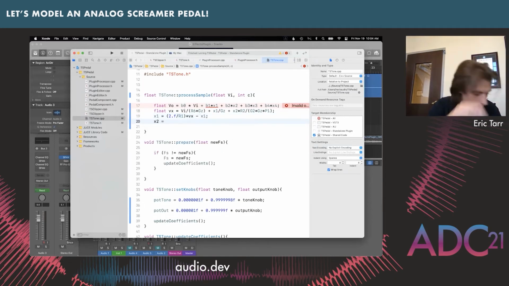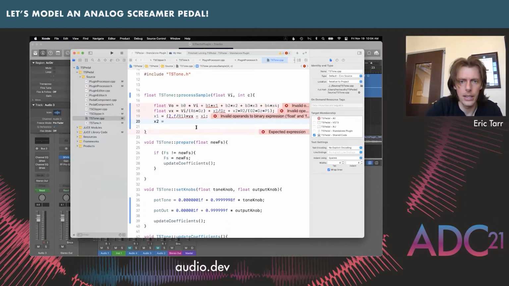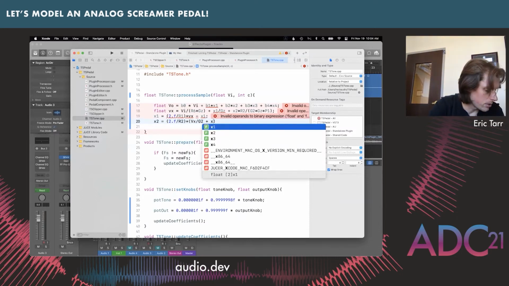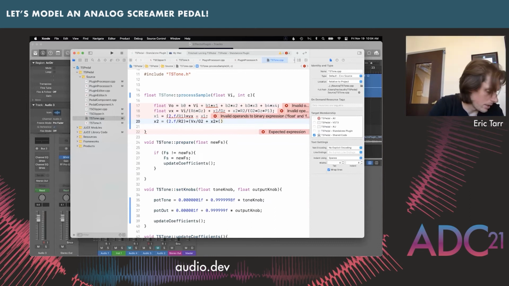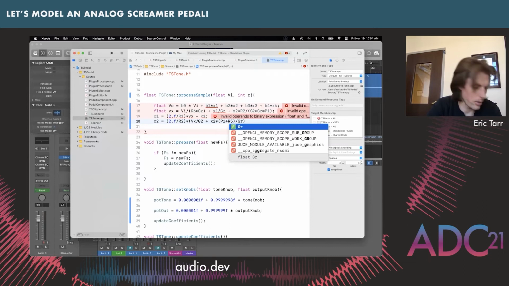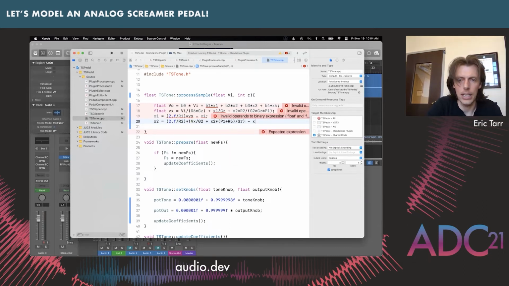X2 is 2 divided by R2 times Vx divided by GR plus X2 times V1 R5 divided by GR minus X2.